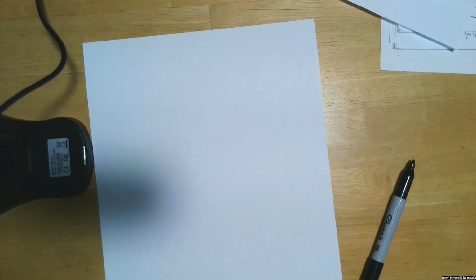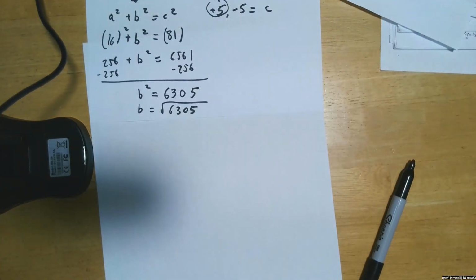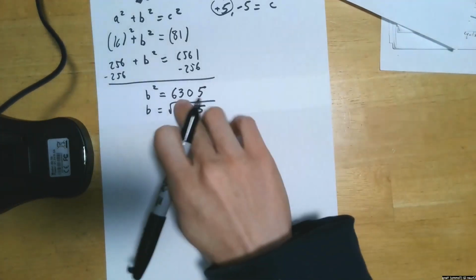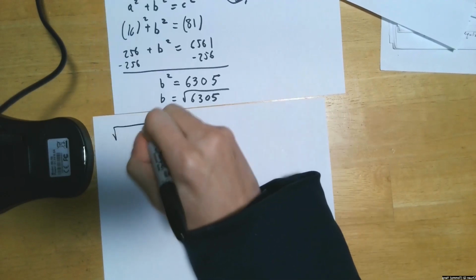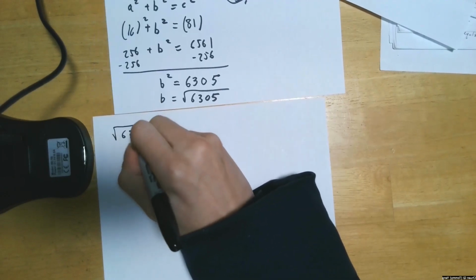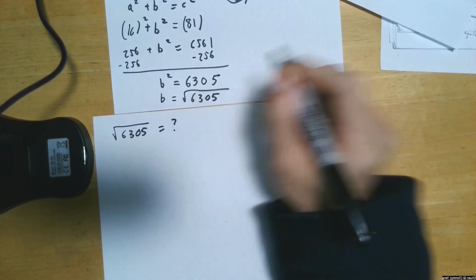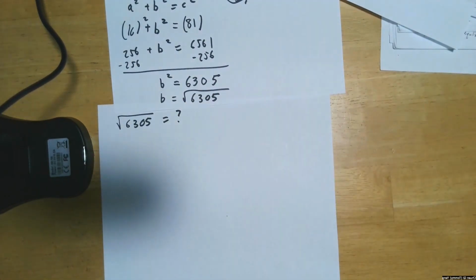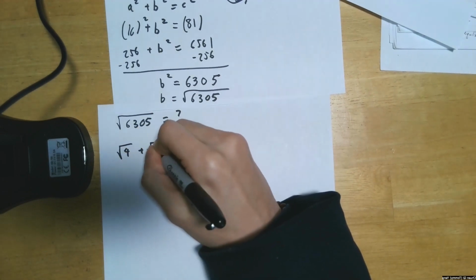A lot of problems will ask you to approximate a square root. Let's say we take the answer from this problem. Let's say we want a good enough answer to understand what the square root of 6305 is equal to, right? One analogy we can understand about square roots is, let's say we have two square roots, square root 4 plus square root 4.